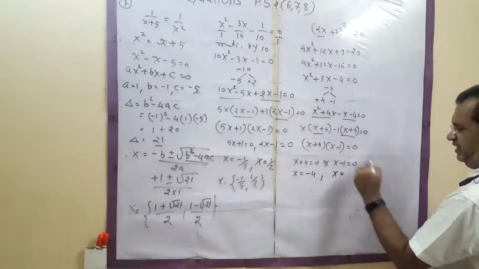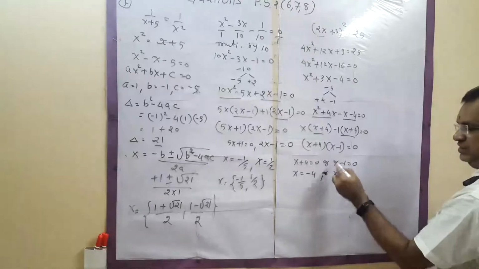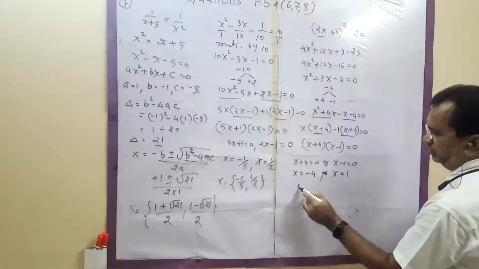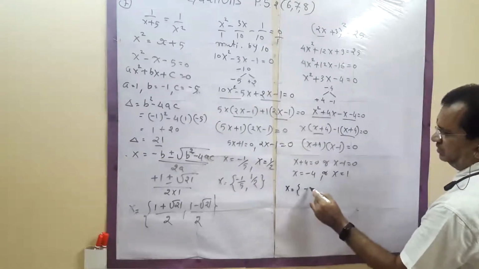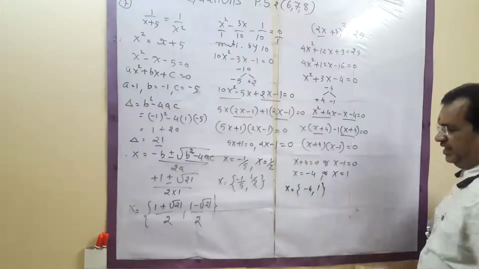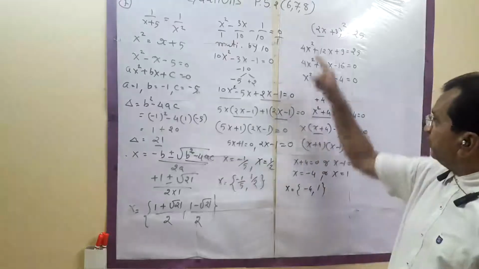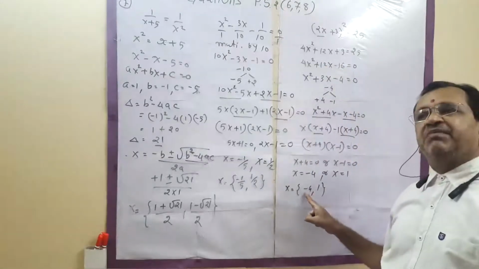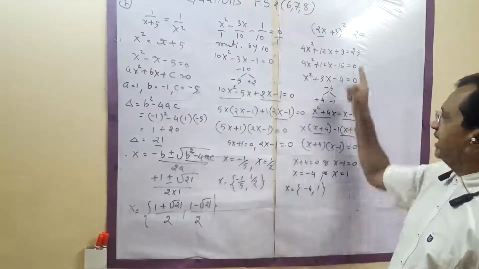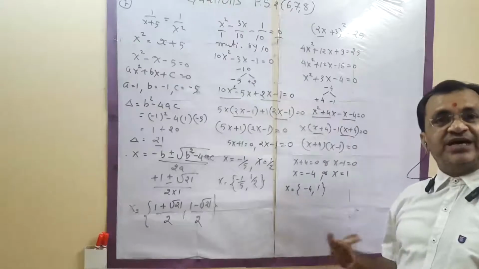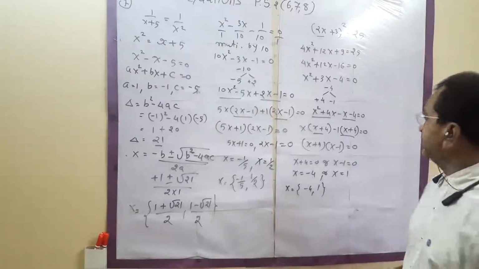X minus 2 plus. This is OR, I have written OR. That is why we are writing solution set, not solution. So for this equation, the answer can be minus 4, the answer can be plus 1. So that is why it is known as solution set.